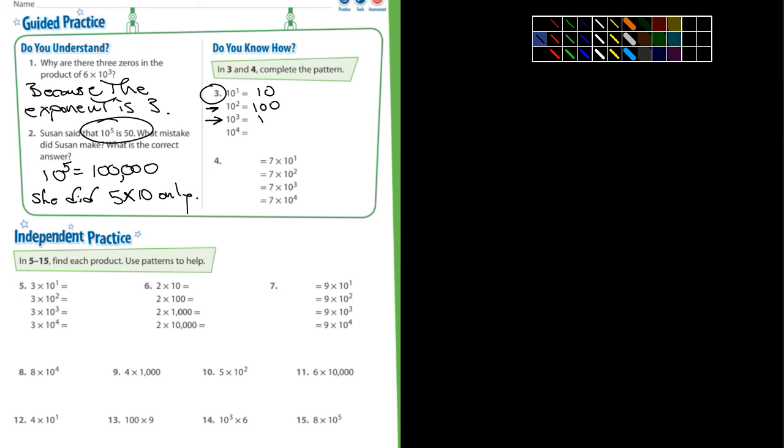What's the exponent? Exponent's 3, so how many zeros do you think would follow? How many zeros would follow? Yeah, good. And then the last one, Mr. Williams, 10 to the fourth, it'd be 1 followed by how many zeros? Yep, nicely done.